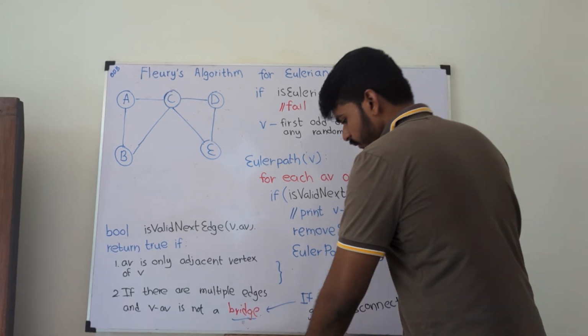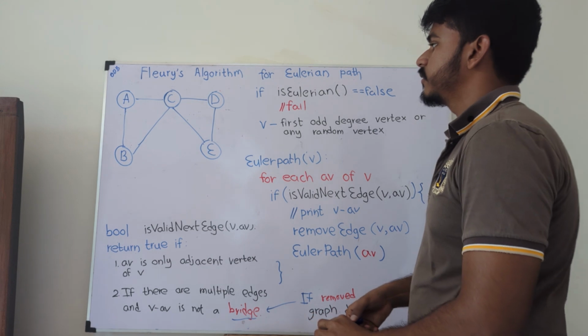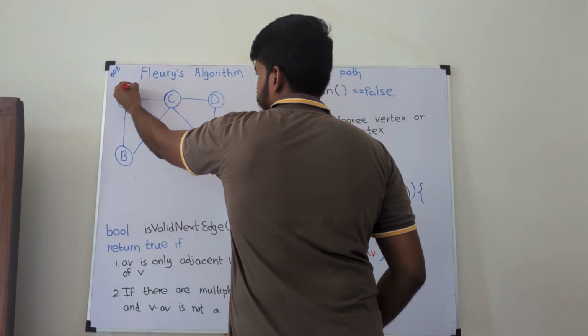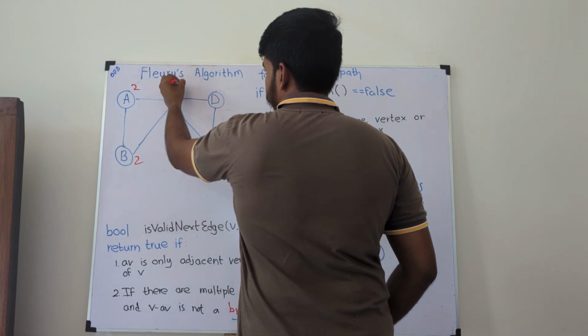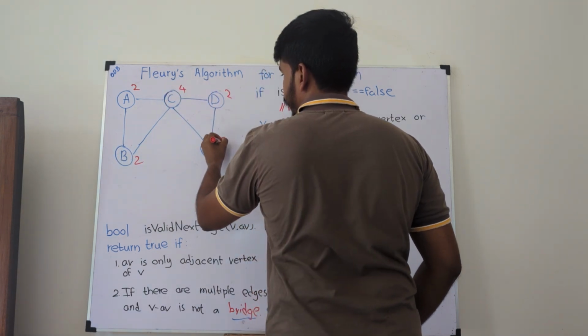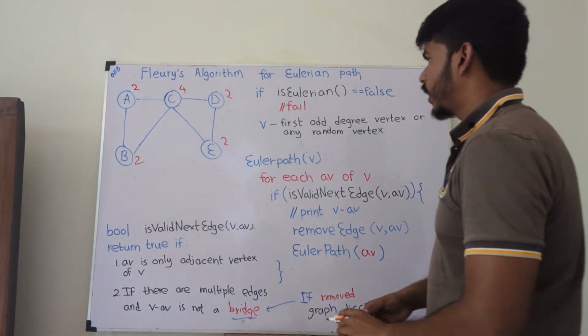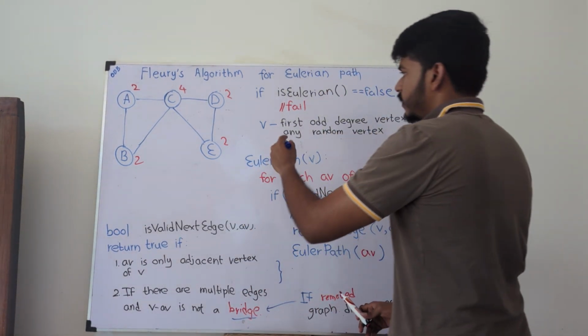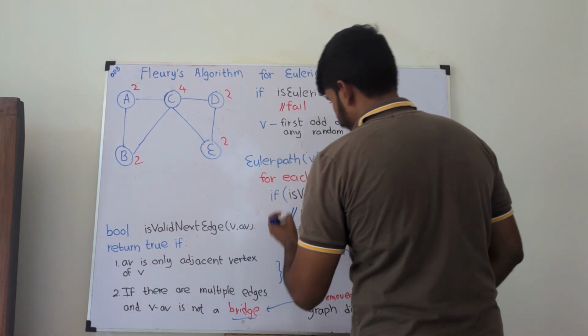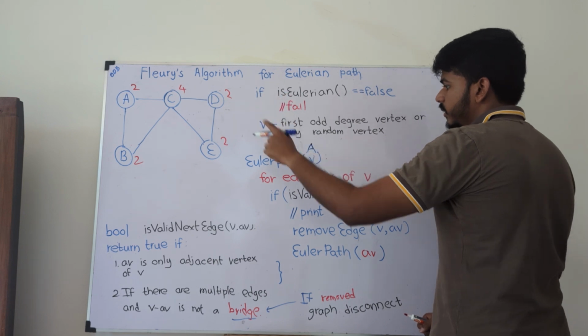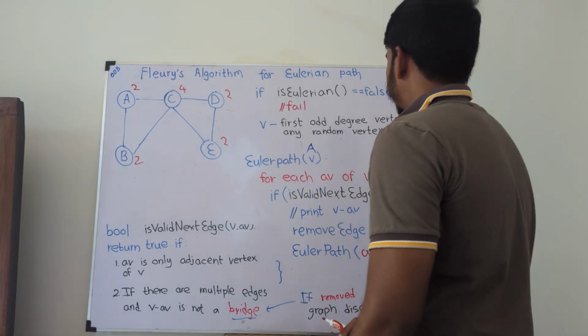We can see the degree of each vertex in this graph is even. So we can take any random even degree vertex. I am going to take A as the starting vertex.